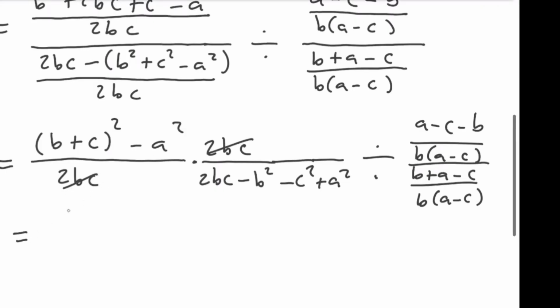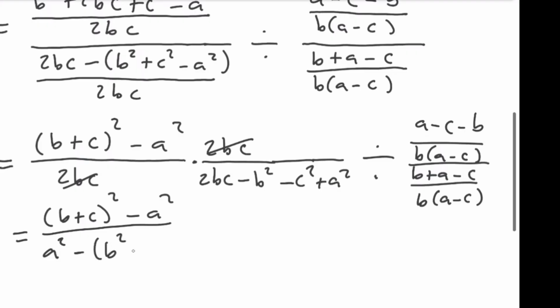So this is equal to b plus c squared minus a squared all over, and then here I can do a squared minus, and then I'm going to have the b squared minus 2bc plus c squared. Because look, if I factor out a negative from the b squared term, it would turn positive here. This would be negative, and then this would be positive.